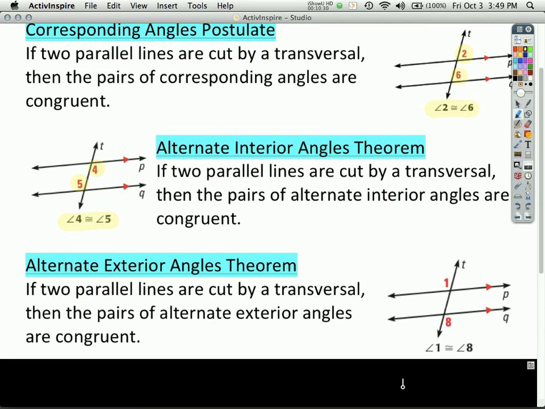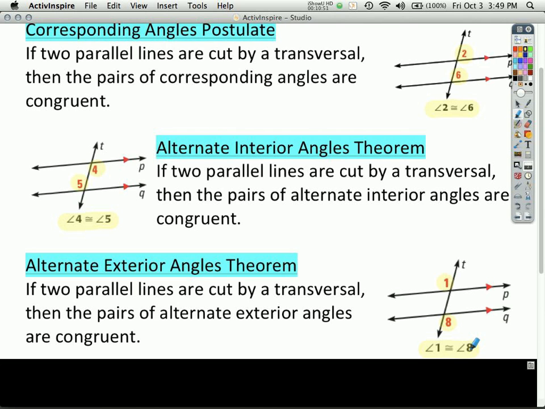The alternate exterior angles theorem. We can not only identify alternate exterior angles, but if the two lines are parallel, we can say that they are congruent. Does anyone have any questions so far?